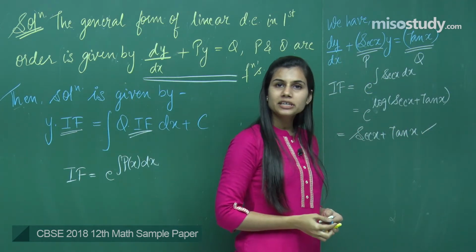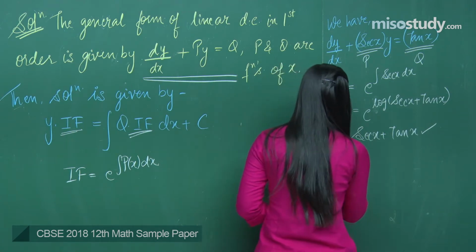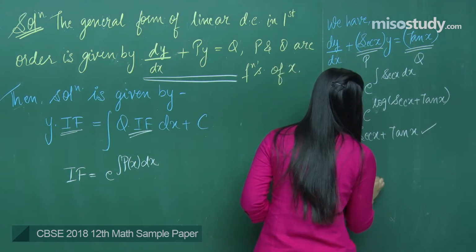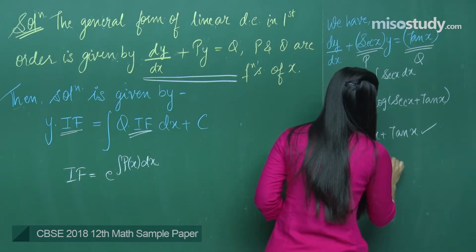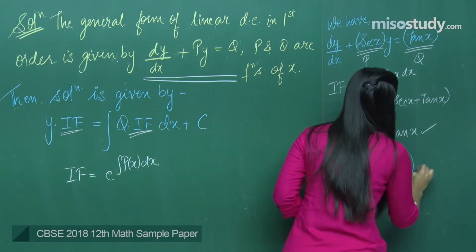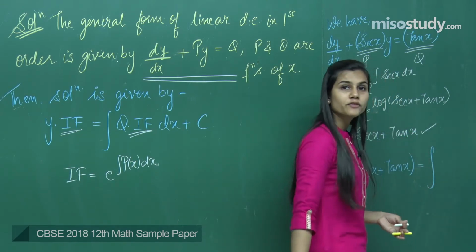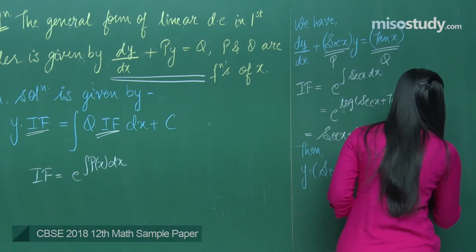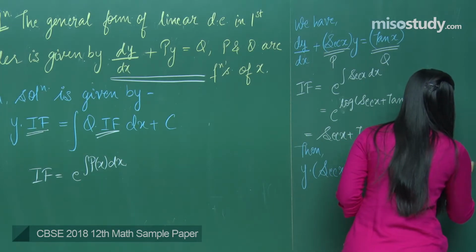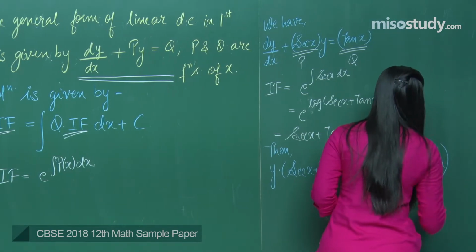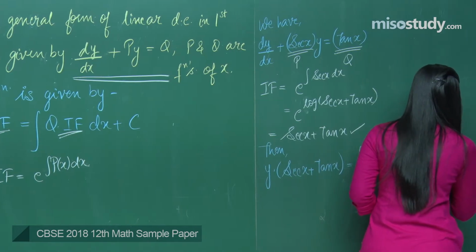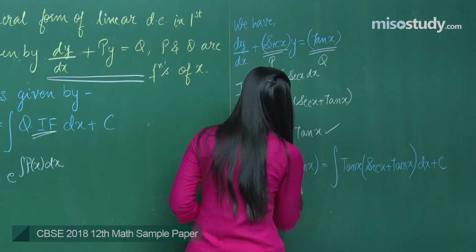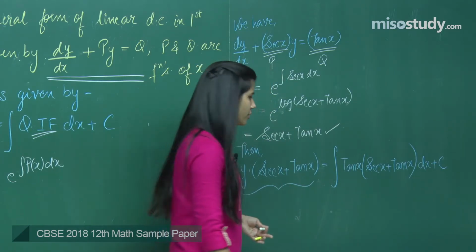So you have your integrating factor with you. Then the solution just demands to plug in the value of the integrating factor. So it is y into sec x plus tan x is equal to integration of q, which is tan x, into the integrating factor sec x plus tan x dx plus c. Keep the left hand side as it is, no need to alter it.